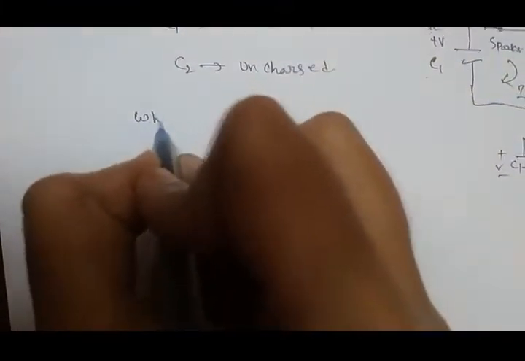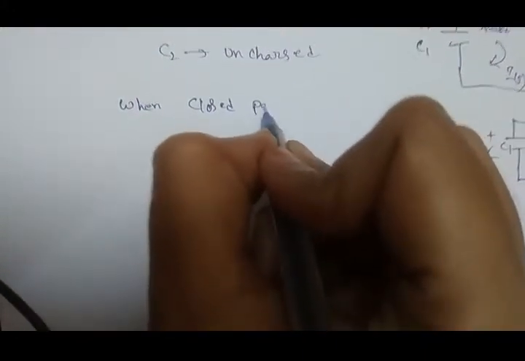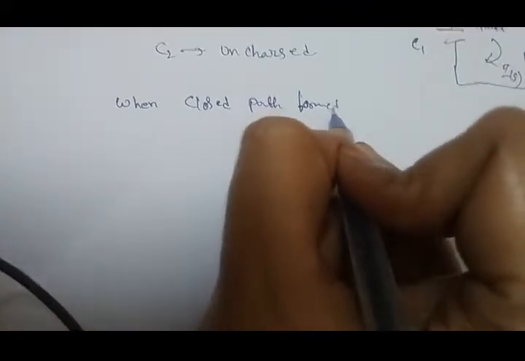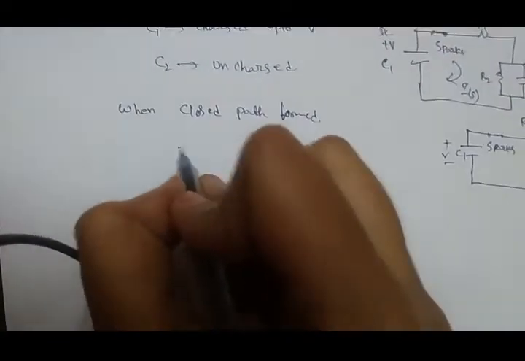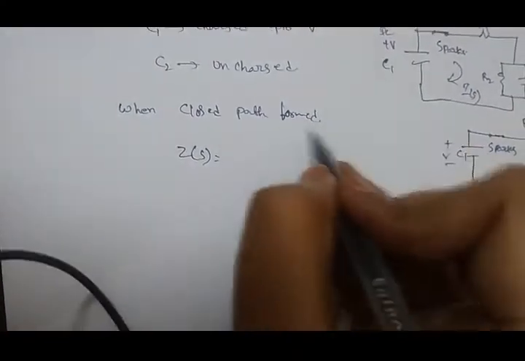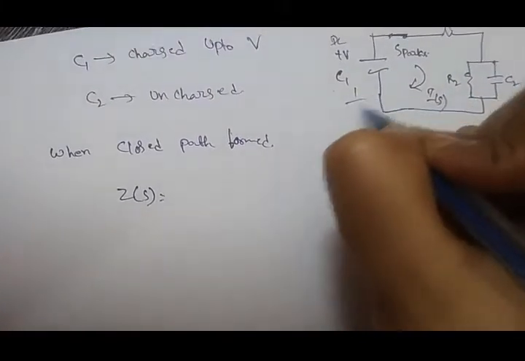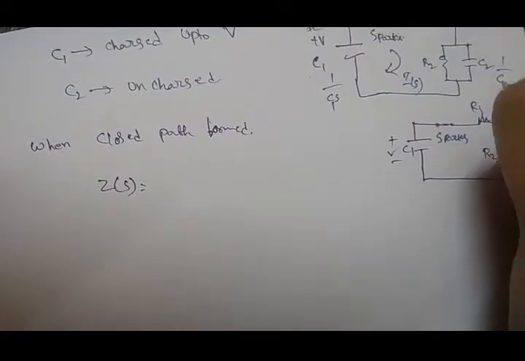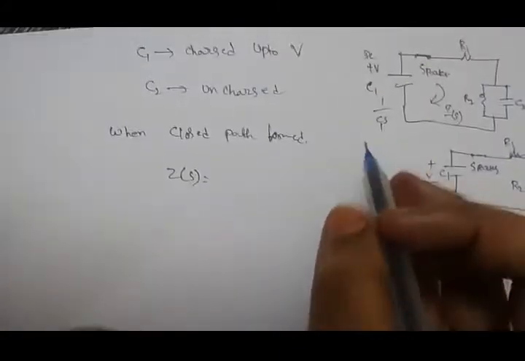Once the closed path is formed, we are going to analyze it. We consider the total impedance in the S domain. This is 1 divided by C1 S, and 1 divided by C2 S, where the resistors are common.